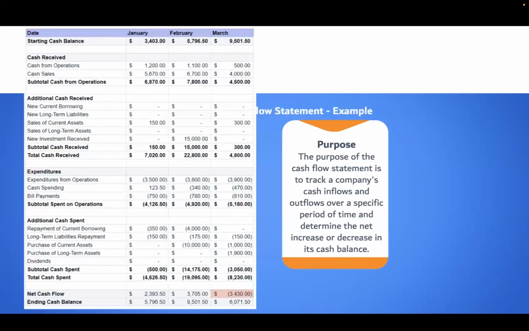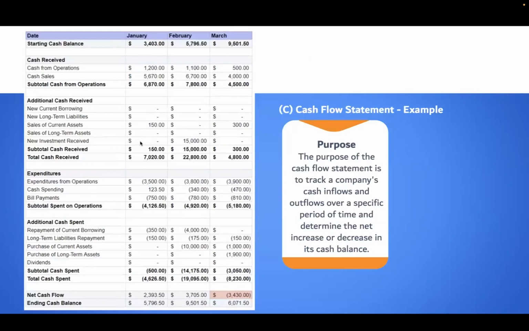So let's expand it. Let's just imagine that you have, say, a convenience store, 7-Eleven, for example. So when you started on January 1st, when you opened the store, you had 3,400 in your cash register. And this is for the month of January. So we are looking at the cash flow for the month of January, the first column.